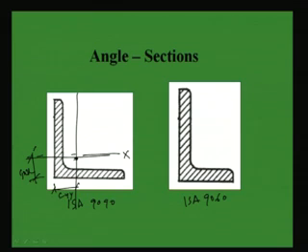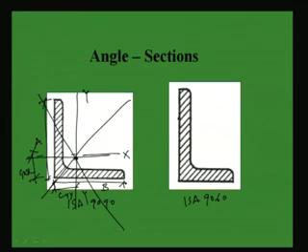This is X and this is Y, right, and this distance is called A and this distance is called B, right. And the neutral axis will also be about the major axis and about the minor axis, because in this way also it can bend.